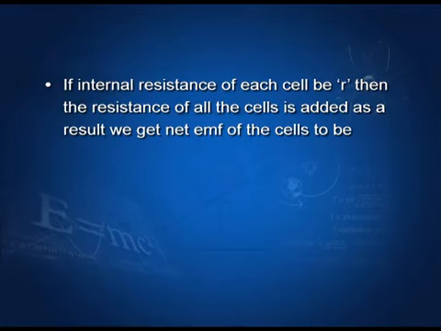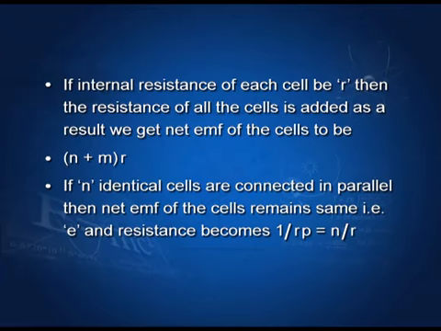As a result, we get the net EMF of the cells to be n minus m times E, and the net internal resistance of the cells will be n plus m times R. If we combine cells in parallel combination, then the EMF of the cell remains the same, that is E, if all the cells are identical, and for the net internal resistance, 1 upon Rp is equal to n times 1 upon R. Here small r is the resistance of the cell offered by its internal agents.